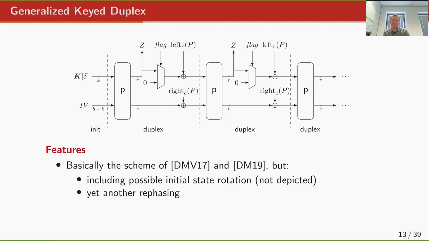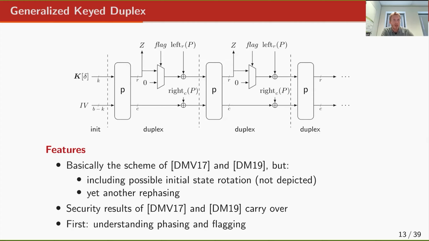It's not depicted here because that made it a bit of a more complex picture, and it is already quite complex. And we took a different phasing than the previous ones. The cool thing is that the results that we saw before carry over. But let me first go over the understanding of the phasing of the duplex and what this flag means.